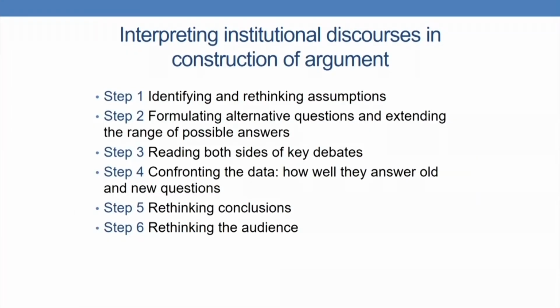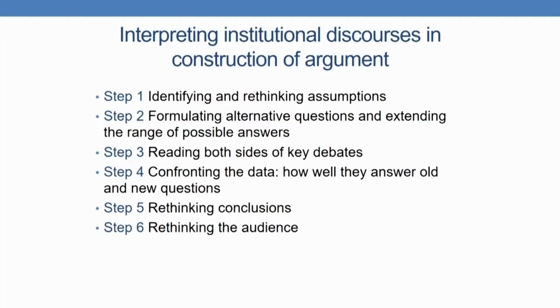When we are interpreting institutional discourses also, it is important to get our argument right. So, the construction of argument based upon interpreting these institutional discourses also needs to be given a lot of importance. A number of steps can be identified as far as interpretation and construction of argument is concerned. One is, of course, we identify and rethink the assumptions that we are studying.